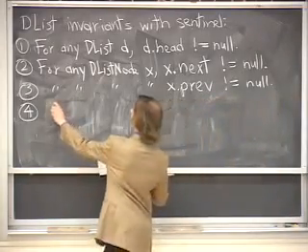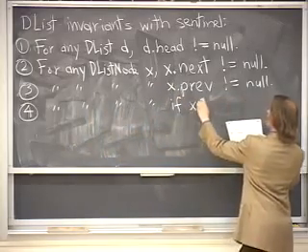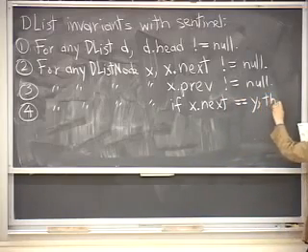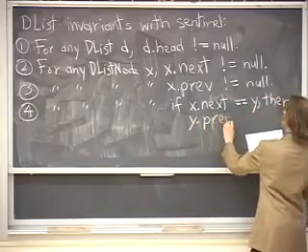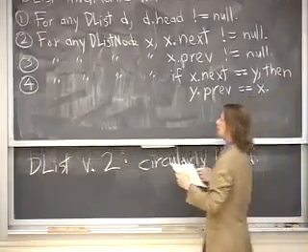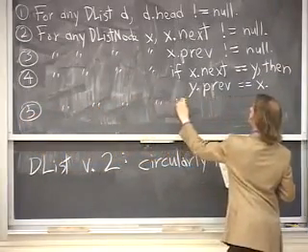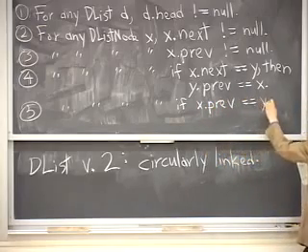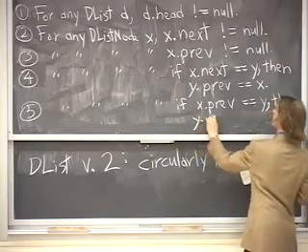So, if x.next is some other dlist node y, then y.prev points back to x. And of course, this relationship should go both ways. So whoever's behind me should also think I'm ahead.